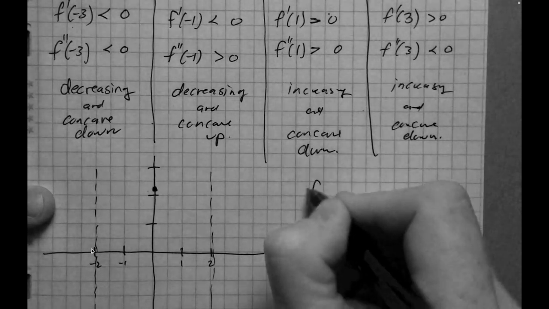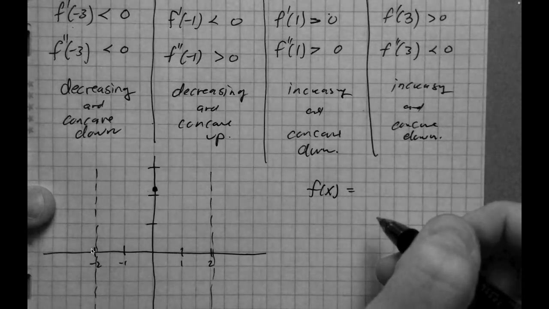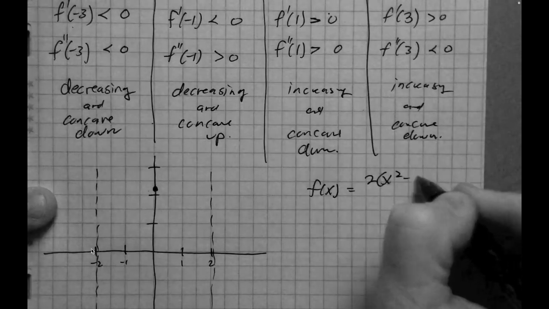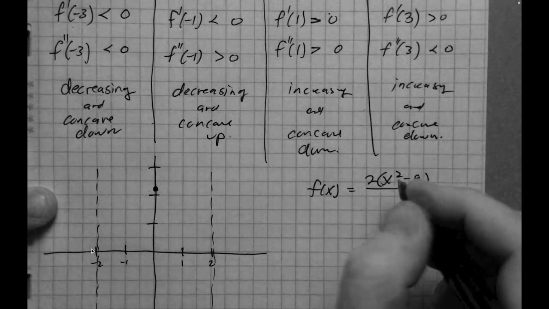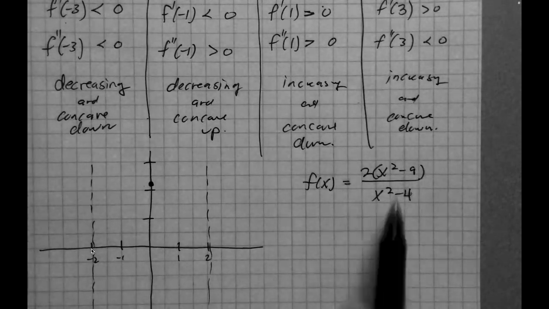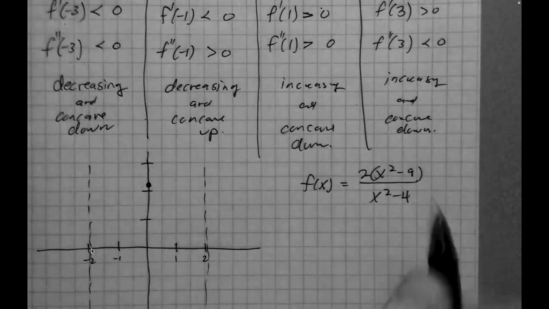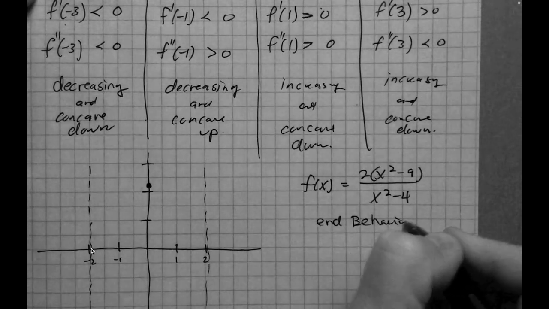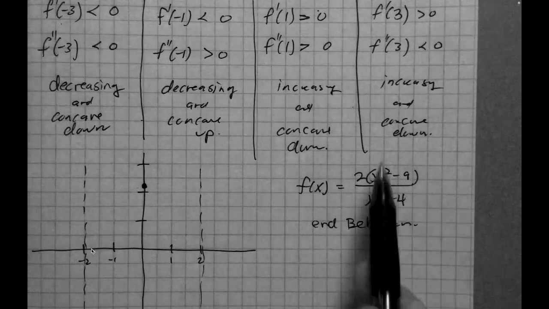So the original function, remember, is this. It is 2x squared minus 9 over x squared minus 4. Right, so we do need to consider the end behavior here. I kind of skipped over that step. So the end behavior. Well, this is a rational function, right?